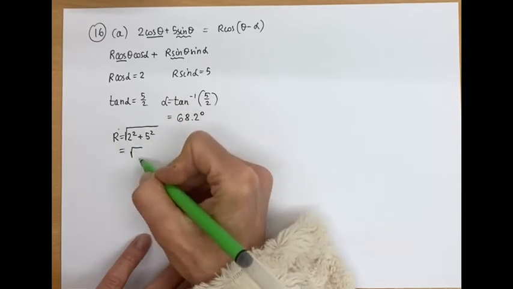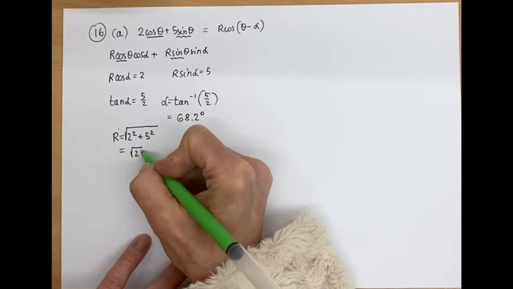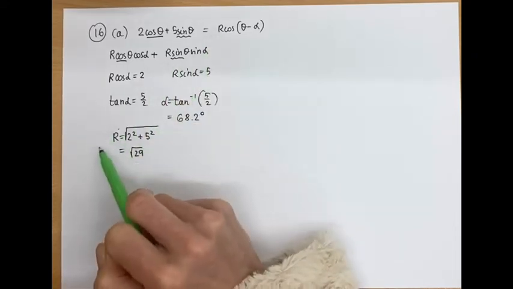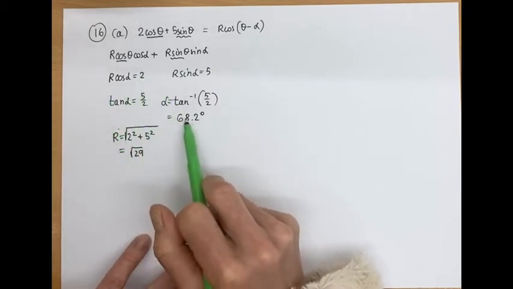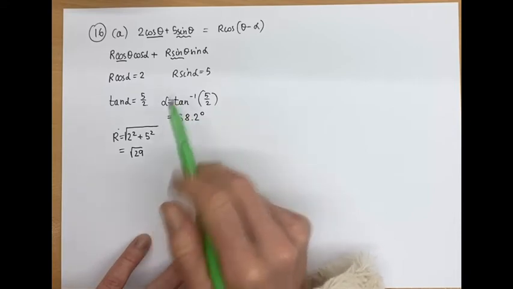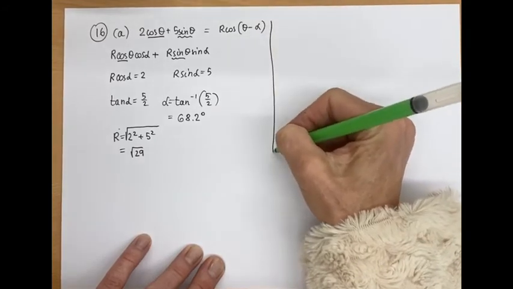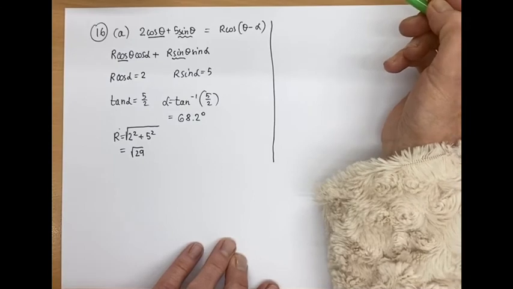That gives me, let's write it in, leave it in exact form, 4 plus 25, root 29. Very often, if R is a surd, you leave it in exact form, in fact, all the time. But in terms of thinking about the angle, if you can't give it in exact form, you've got to round it. That refers more to radians, where you have to do it in terms of pi, then you do that.